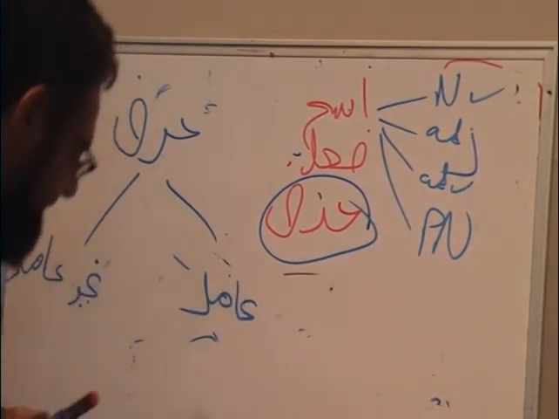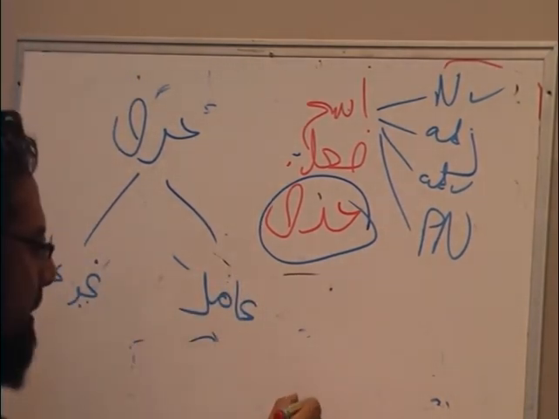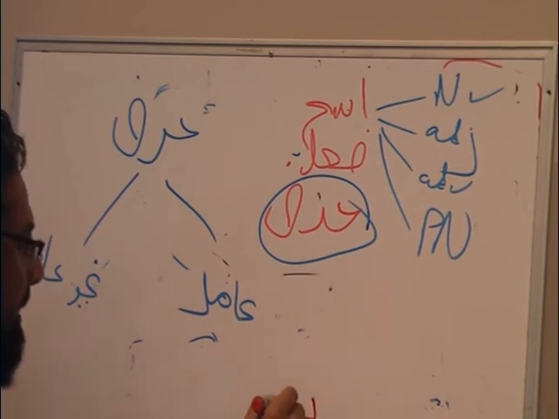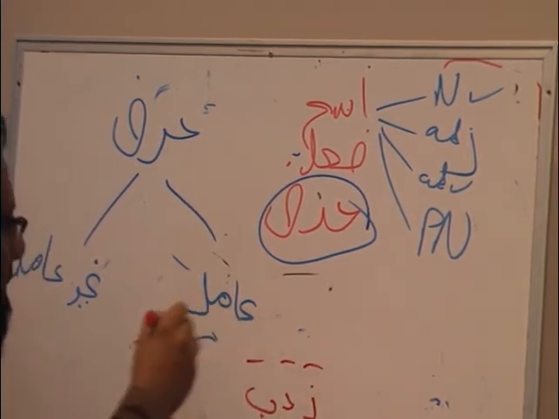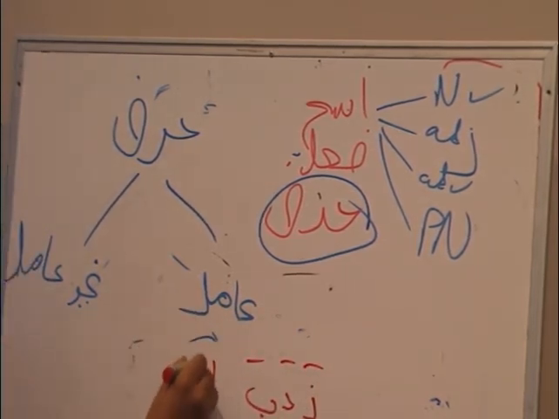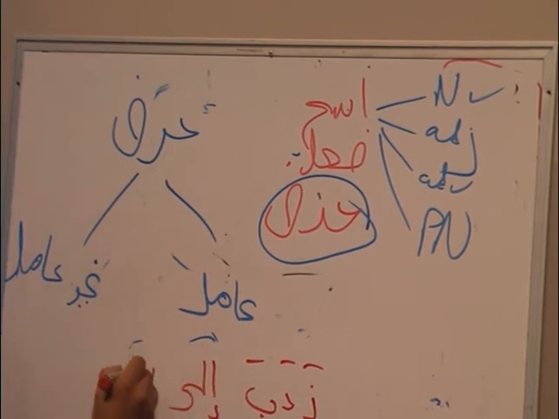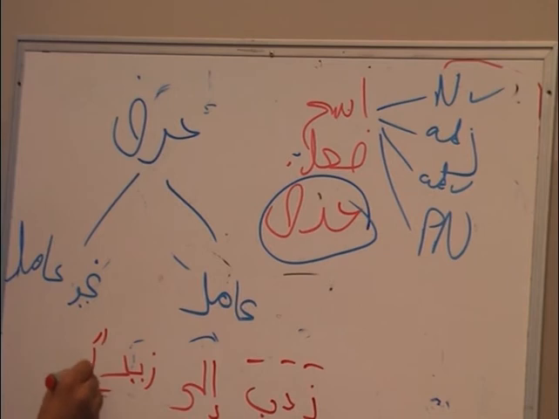If I write that full sentence out: ذهب, he went. Now ila is the harf, and so he went to Zayd. If I want to say that in Arabic, I don't say Zaydun, I say Zaydin. So Zaydun goes to Zaydin because of ila.